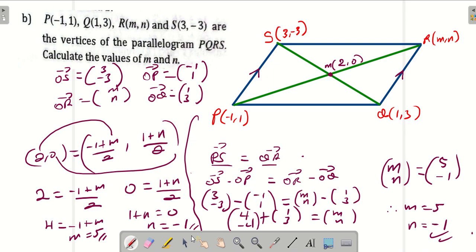Whichever method you use and you get the answer is correct. Can we move on?